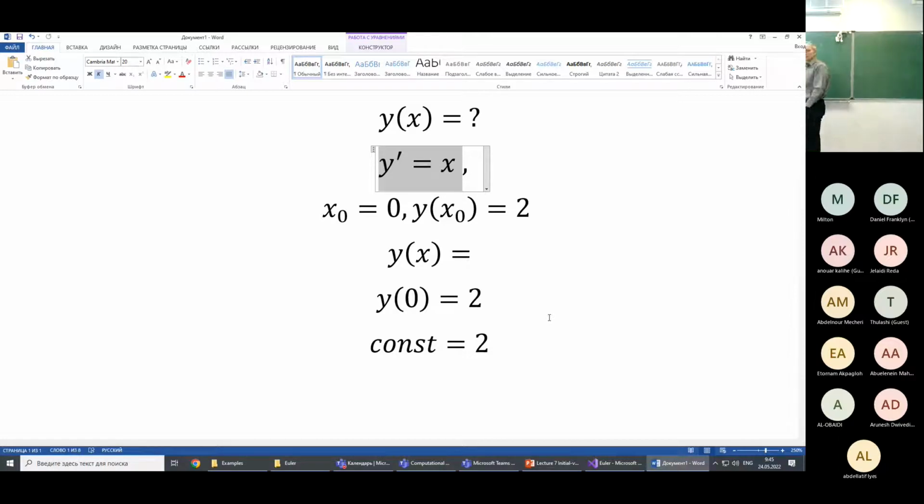You already told me this answer: if you take y equals x plus constant and you compute the derivative of x plus constant, it equals 1. But y prime must equal x.